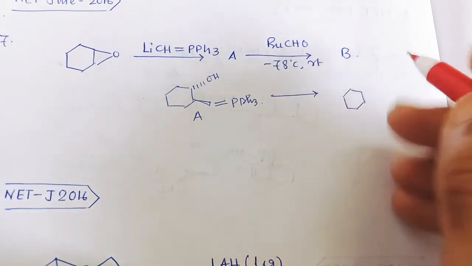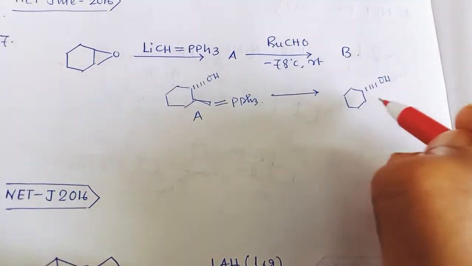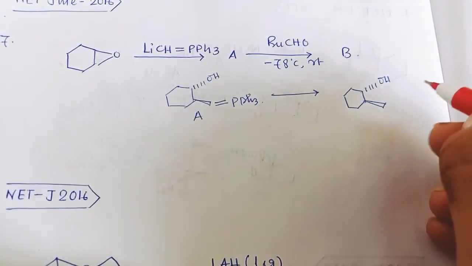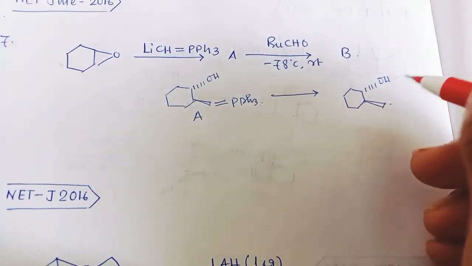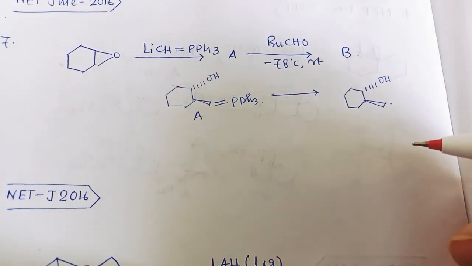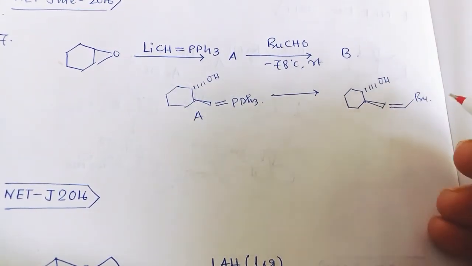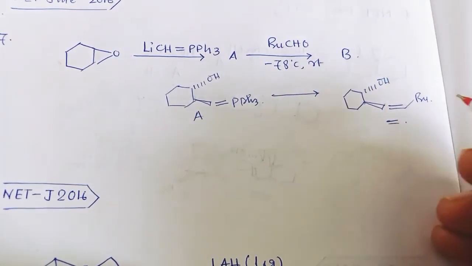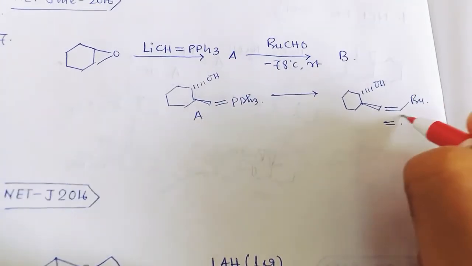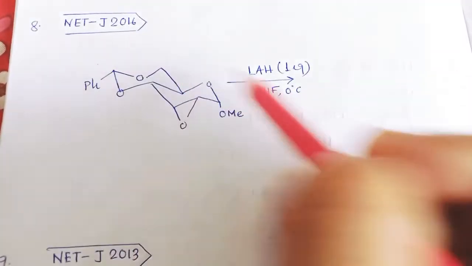Not actually cis, the Z product will form. Okay, this will be the product. This is the Z double bond. This question came in June 2016.